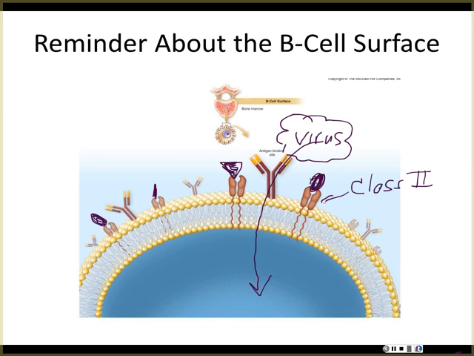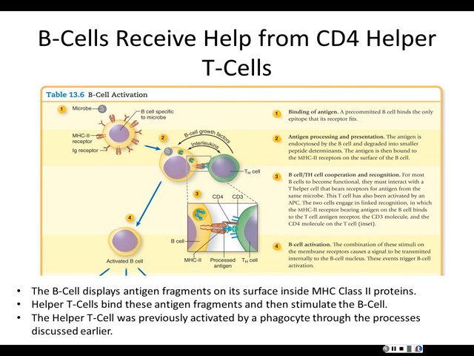That's important because most B cells, if they just attach to a virus, a bacterium, whatever, that's not enough for them to become fully activated. They also have to get help from a helper T cell. Most of them, not all of them. Some of them can get activated on their own, but usually they need that assistance from a helper T cell.